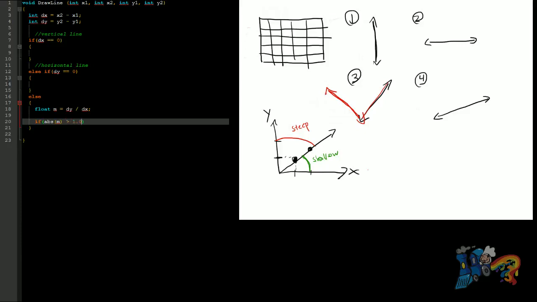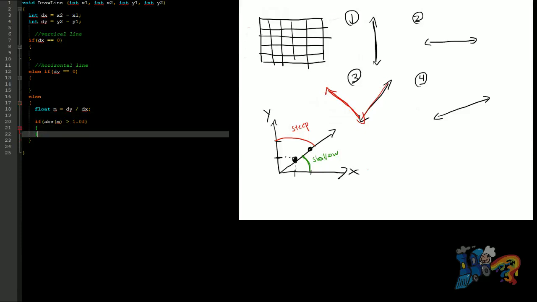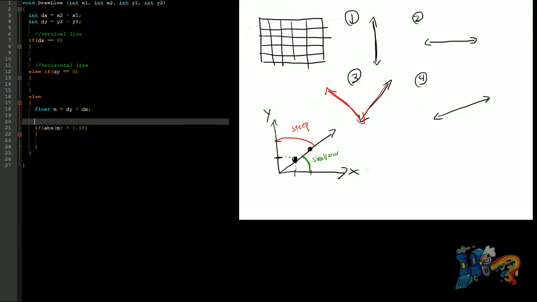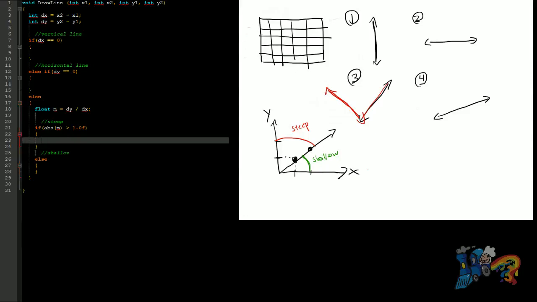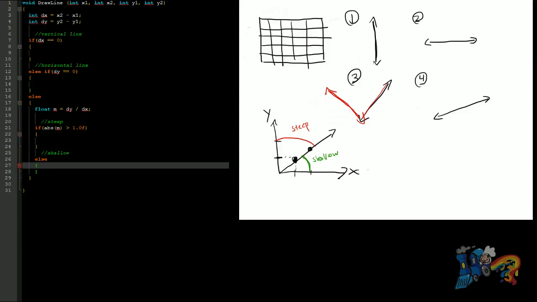If the absolute value of the slope is, let's do steep first, greater than 1, then we have our steep case. Otherwise, we have our shallow slope. Okay, so now we've set up all of our test cases. Now we just need to know how we're actually going to set the pixels in each one of these cases.